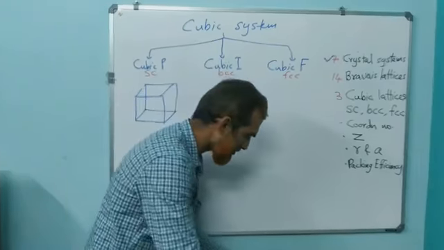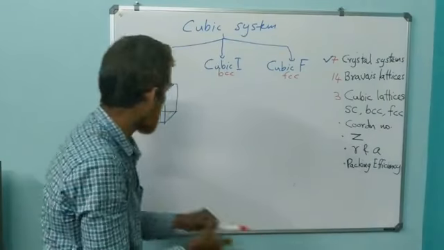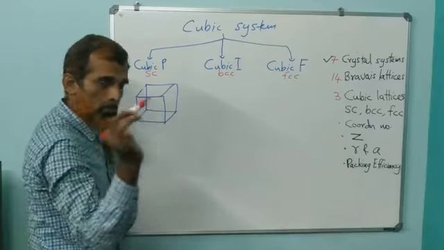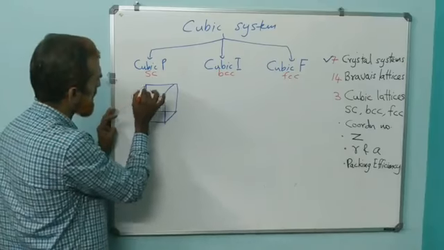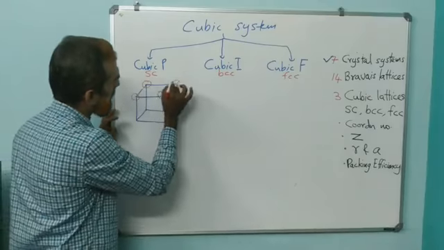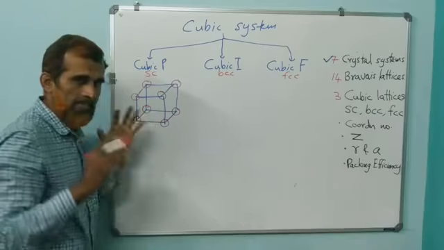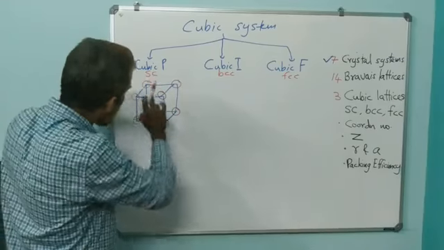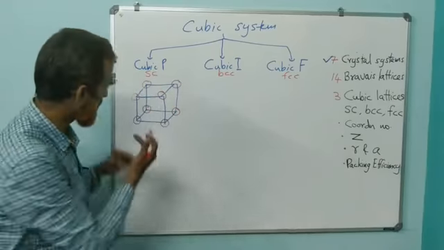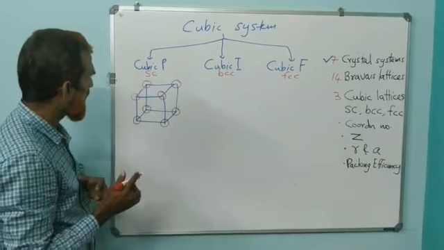Now, coming to the simple cubic, let me show the particles. There are particles at the corners. You can show them as small particles to appreciate the cubic shape, or if you draw them big, they'll be touching. No problems. You understand how it is.